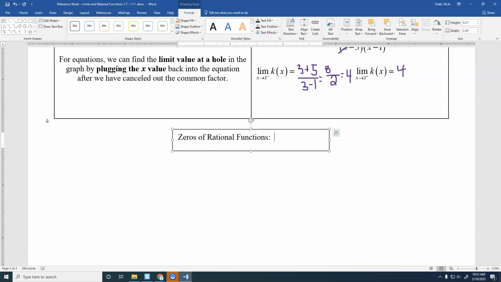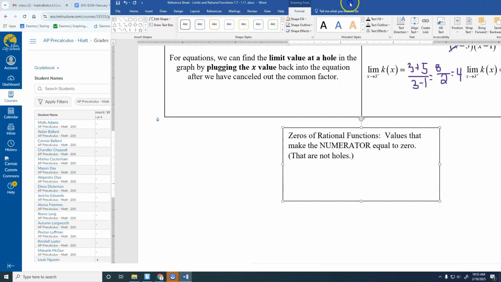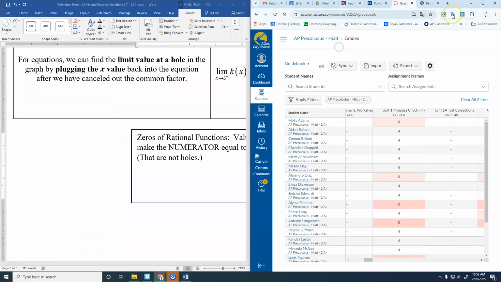All right. How do we find zeros of rational functions? Values that make the numerator equal to 0, that are not holes, so they can't cancel with the denominator. So, let me give you an example here.